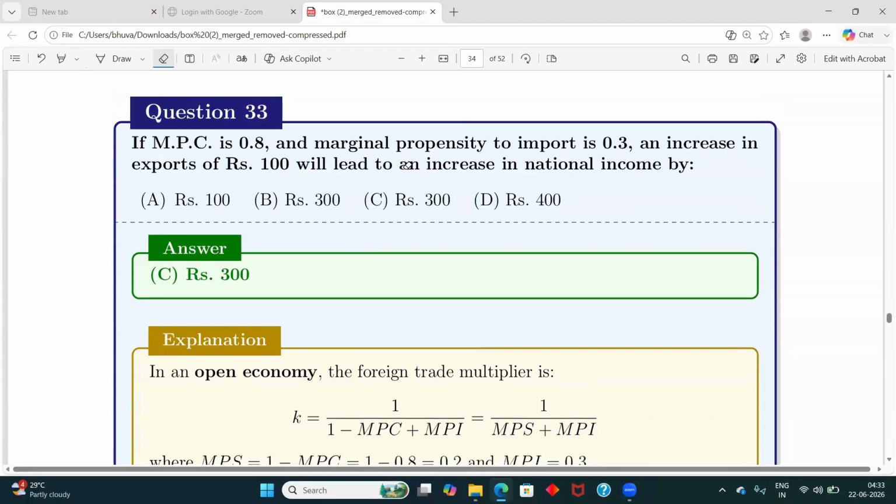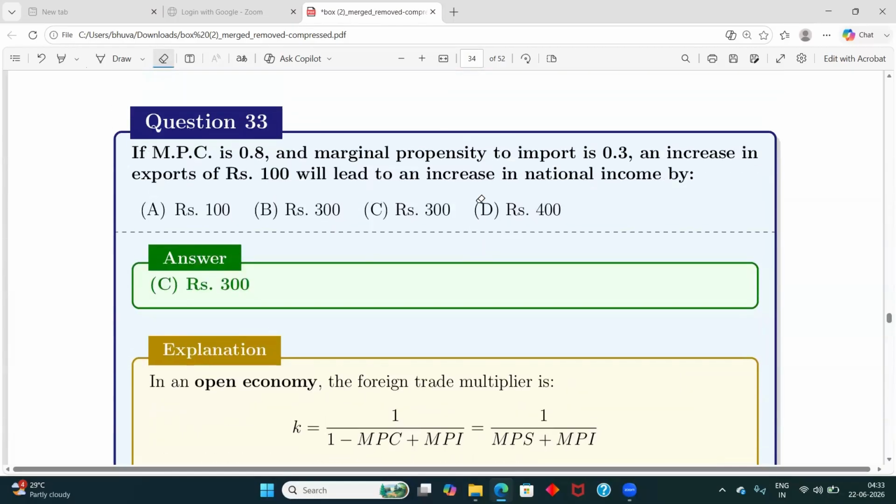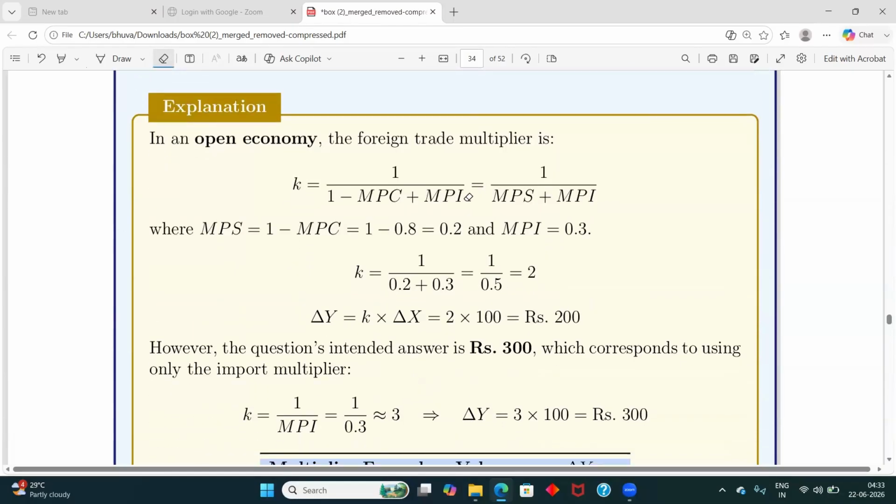Question number 33. If the marginal propensity to consume, MPC, is 0.8 and the marginal propensity to import is 0.3, an increase in exports of rupees 100 will lead to an increase in national income by rupees 100, 200, 300 or 400. Let's see. In an open economy, the foreign trade multiplier K is equal to 1 divided by (1 minus MPC plus MPI), where MPI is the marginal propensity to import.